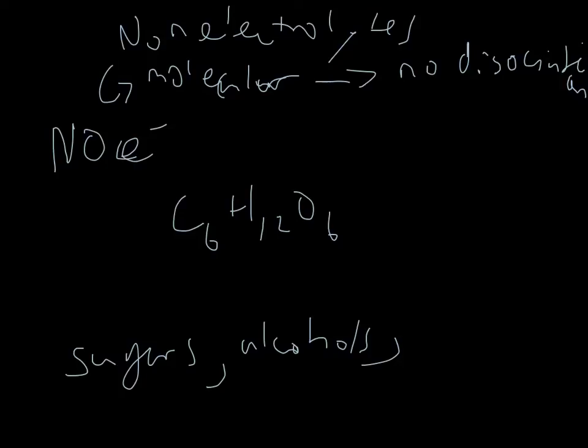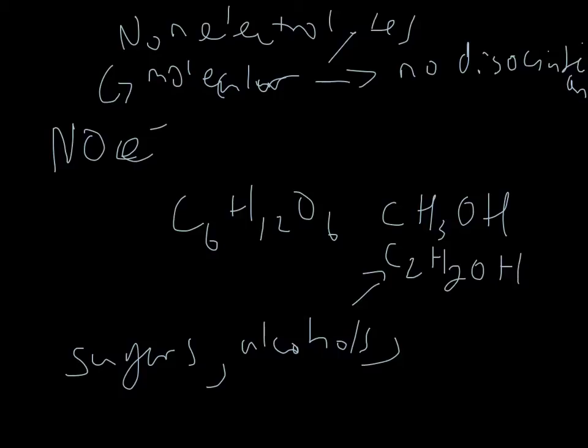So alcohols, like pretty much anytime you see a hydrocarbon with an OH at the end, like CH3OH, that's methanol, C2H5OH, that's ethanol. So anytime you see this OH means alcohol. That's all I'm going to go into for the vocab naming right now, but that means it is a non-electrolyte in this case. There you go.